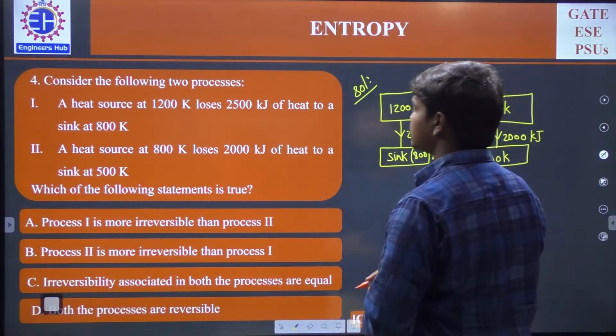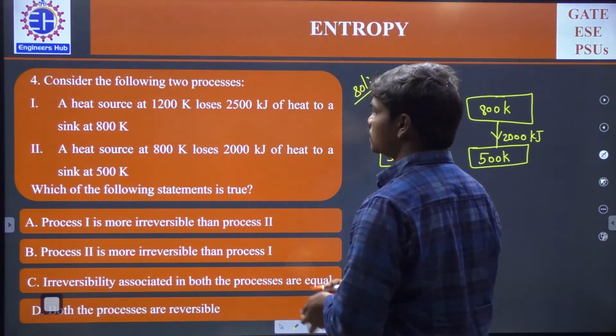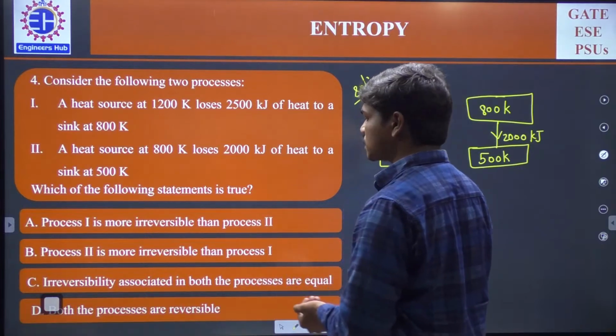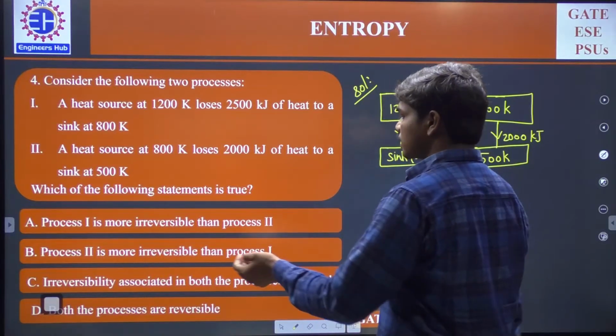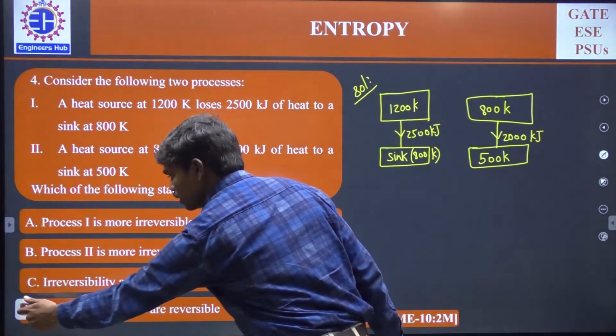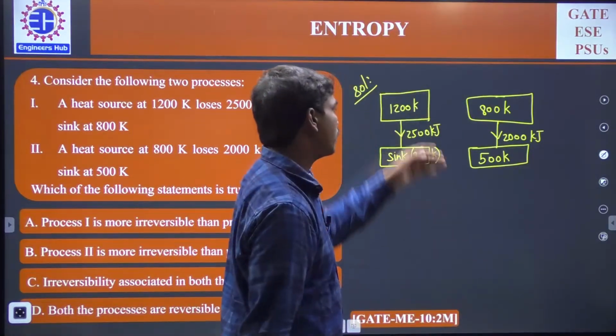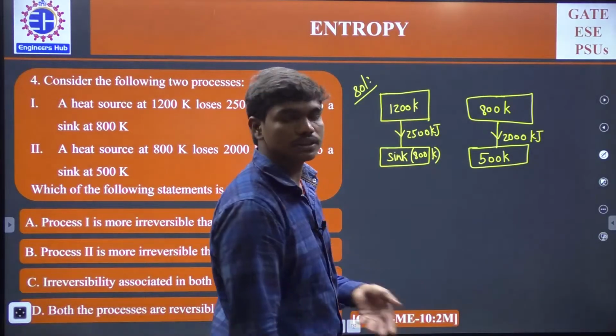Now, which of the following statements is true? Process 1 is more irreversible than process 2. Process 2 is more irreversible than process 1. Irreversibility associated with both processes is the same. And both the processes are reversible. Definitely one thing, heat transfer between a finite temperature difference is not reversible.